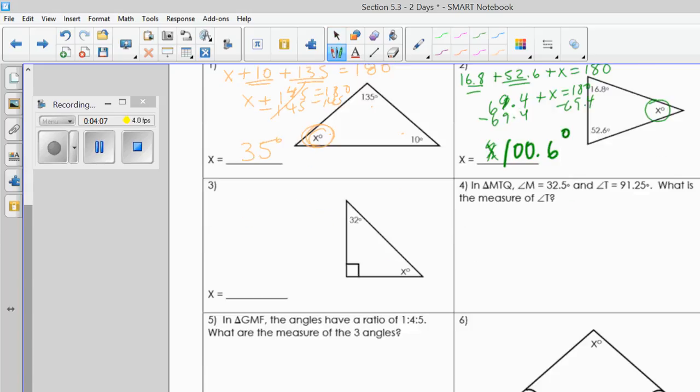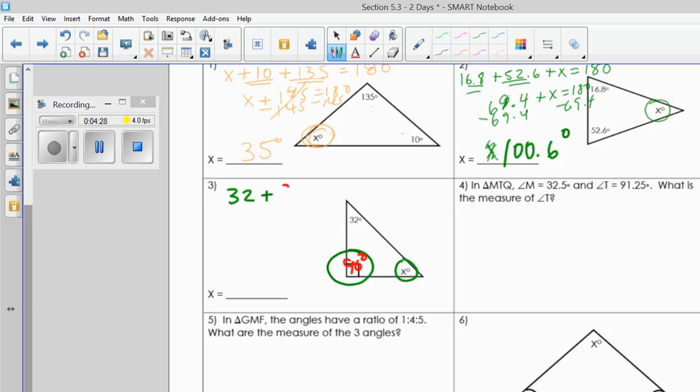Let's continue with number three. Again, we're trying to solve for the value of x. We're trying to find a missing angle. I see it's a triangle, so I start adding up all the angles and say they equal 180 degrees. So I see 32 plus, what does that box mean? That box means perpendicular, a right angle, or 90 degrees.